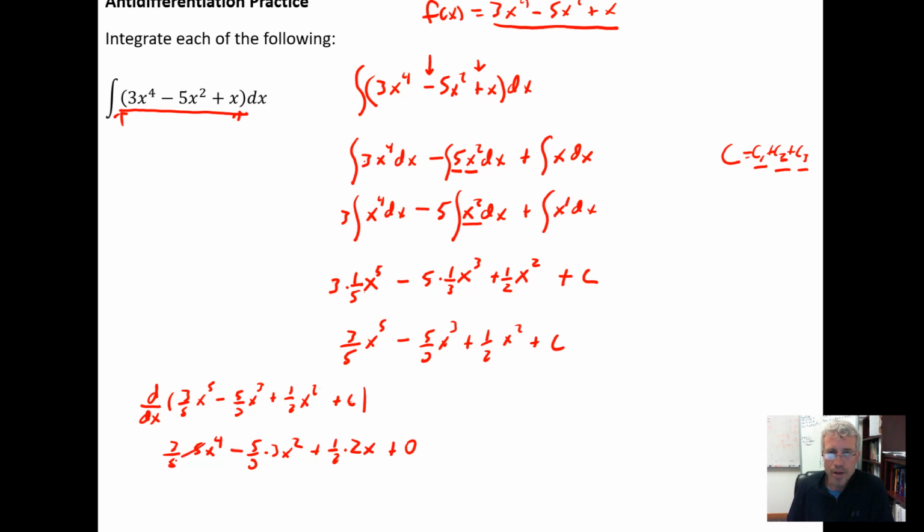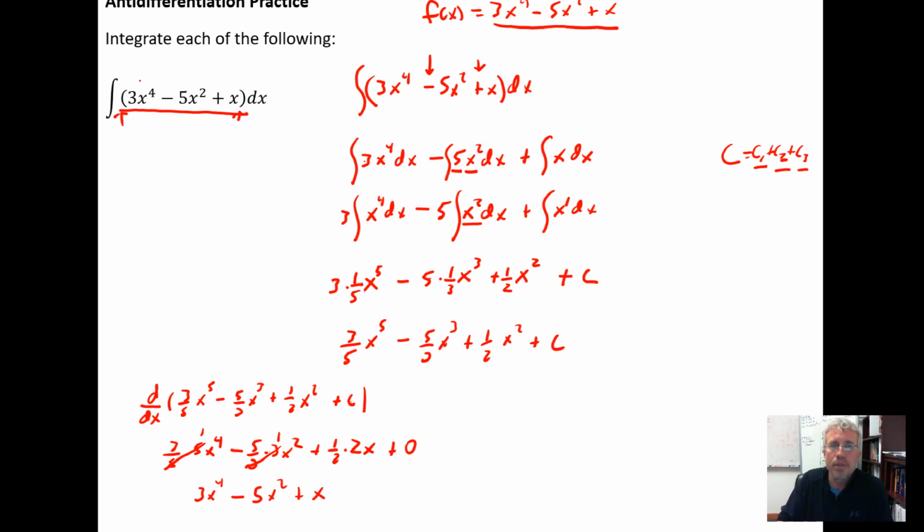And here we get 5 divided by 5 is 1, so we get 3 times 1 is 3x to the 4th, minus 3 divided by 3 is 1. 5 times 1 is 5x squared, plus 1/2 of 2 is 1x. And then the plus 0, we don't need to write that.